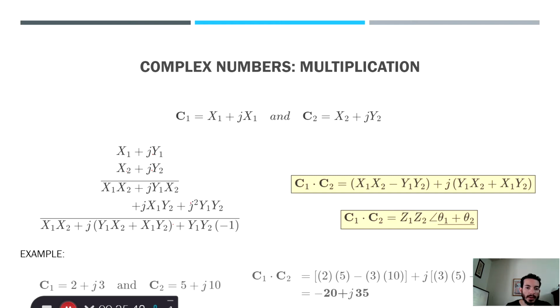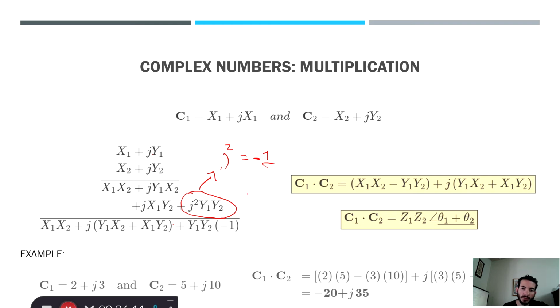The tricky part here is that you get this j squared, and if you remember from the rules of complex numbers, j squared is equal to -1. Therefore, this will change its sign.